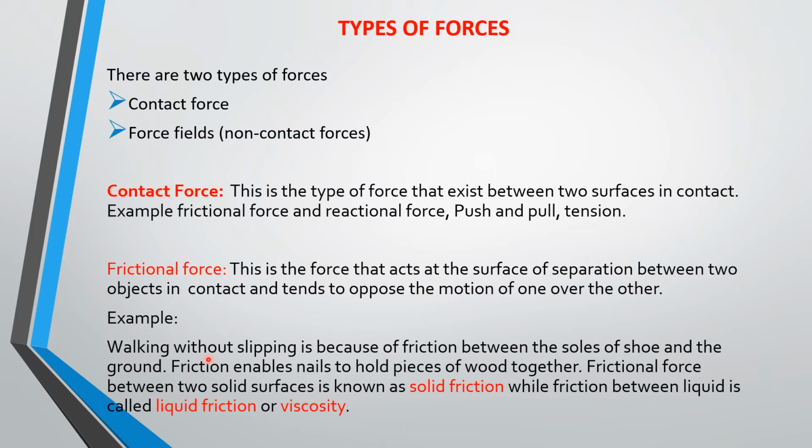Because the soapy or oily surface has reduced the friction between your shoe and the ground. So because of that, you will not be able to walk smoothly. If there is no frictional force, you cannot walk without slipping. So that is one example where friction applies.